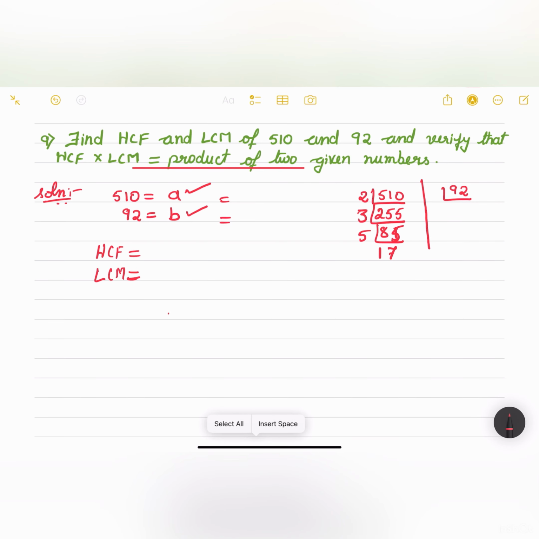So the prime factors of 510 are 2 into 3 into 5 into 17, and 92, if we do 2 46s are, 2 23s are, it will be 2 square into 23.